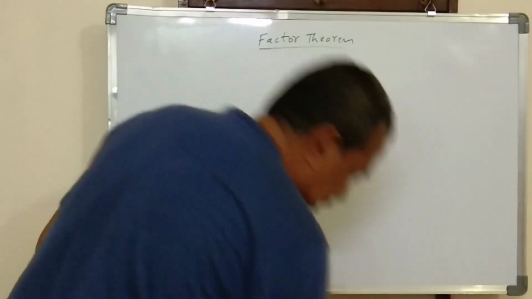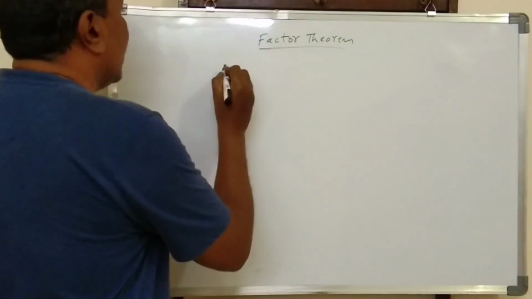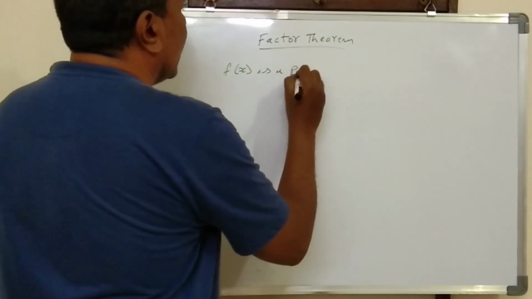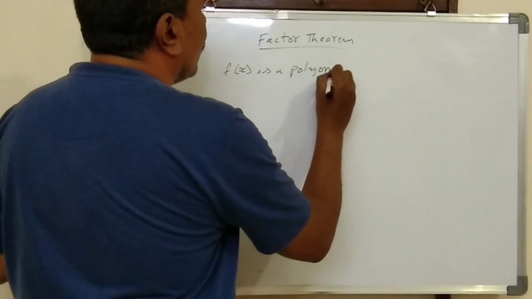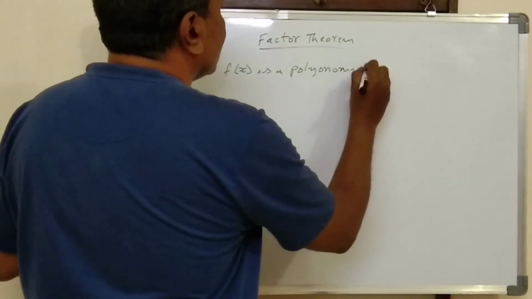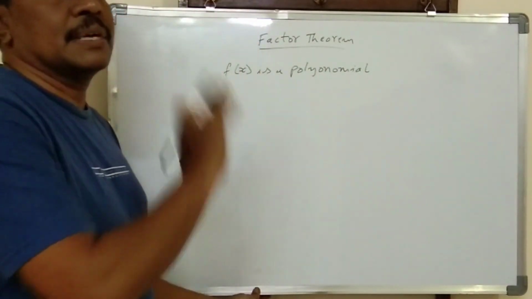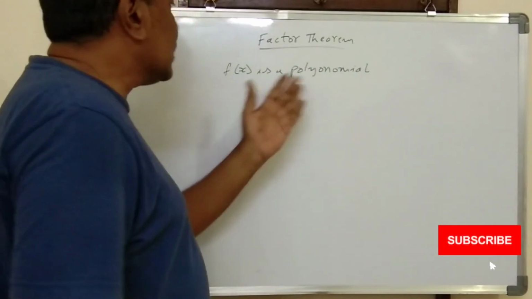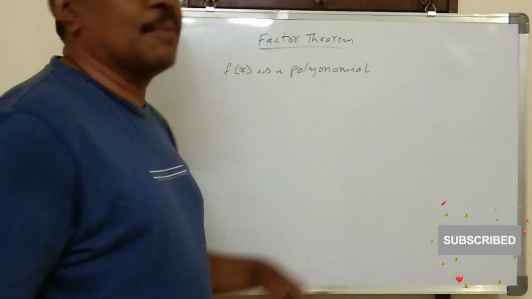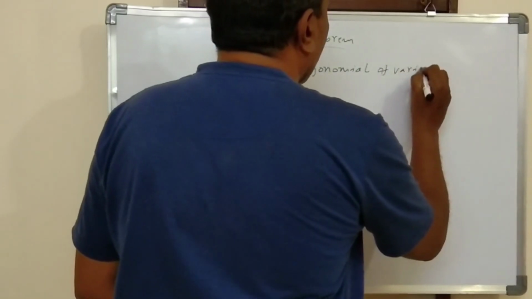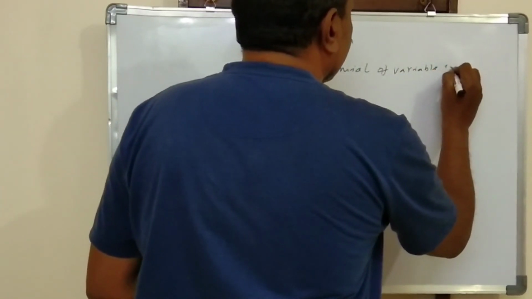Regarding these polynomials, f(x) is a polynomial. f(x) or g(x) or h(x) or p(x), something else. I am taking f(x). f(x) is a polynomial. So let us state that f(x) is a polynomial of variable x. Okay.